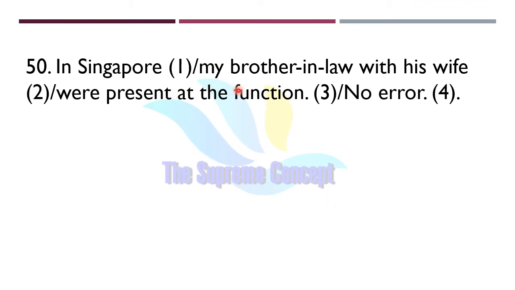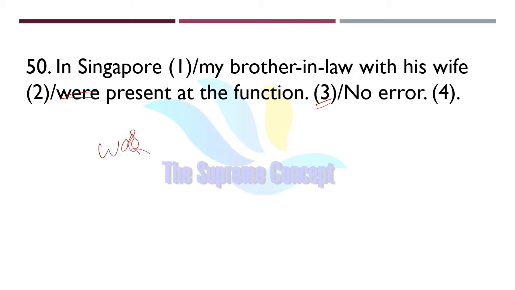In Singapore, my brother-in-law with his wife were present at the function. So find out your answer here. Yes, the error lies in part number 3. We will use the singular form, that is "was", not "were".